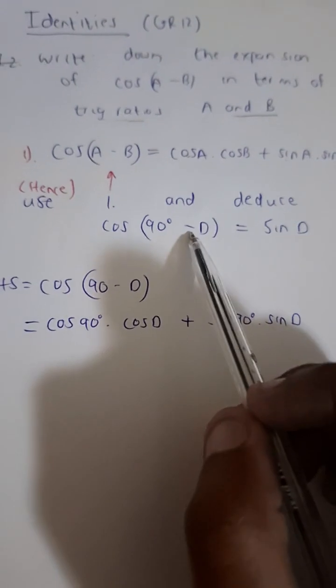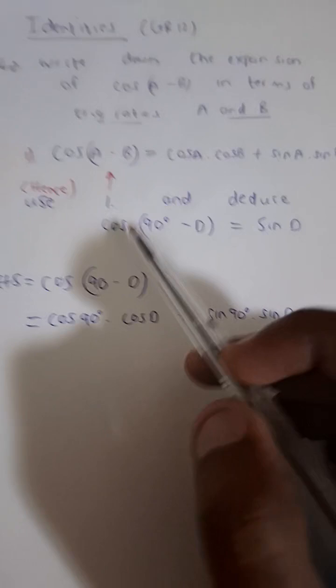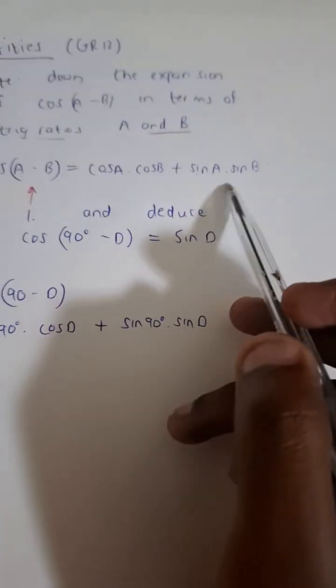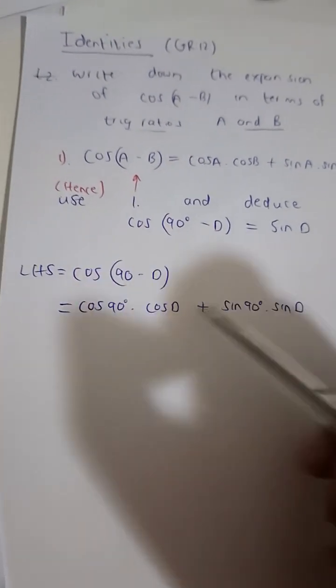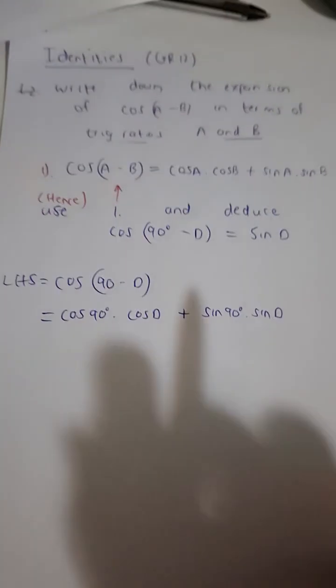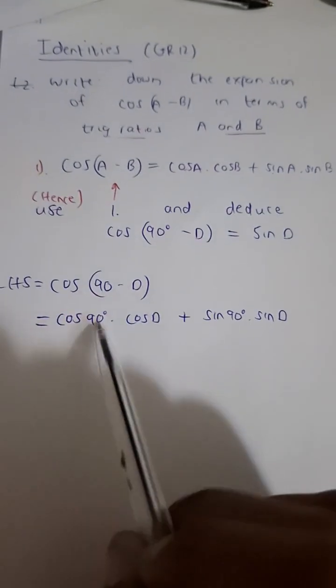So I take then that left hand side, which is cos 90 minus d, and because they said use what I've done above, I'm going to take the expansion that I've written above and write cos 90 minus d in terms of that expansion. Right? So cos A is what I would say, but I say now cos 90.